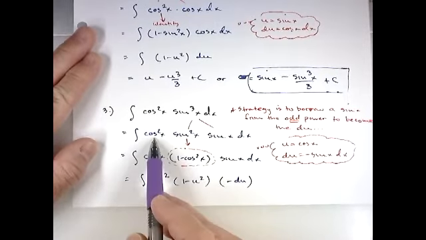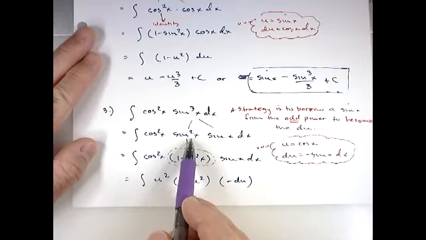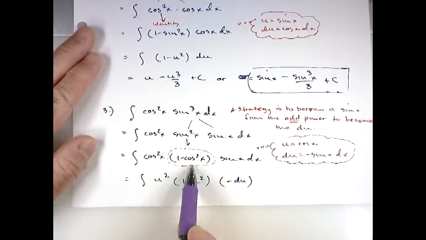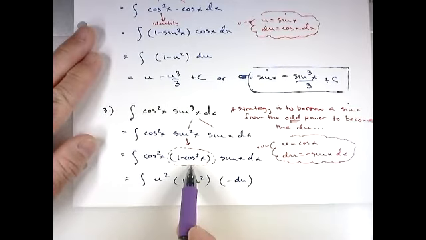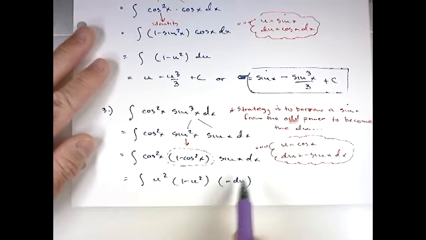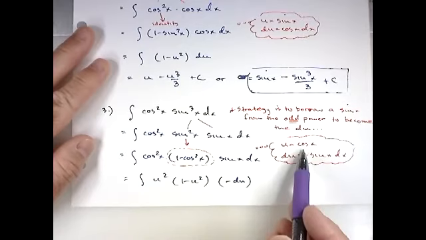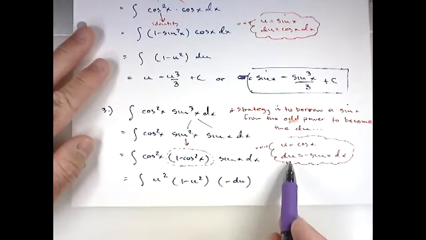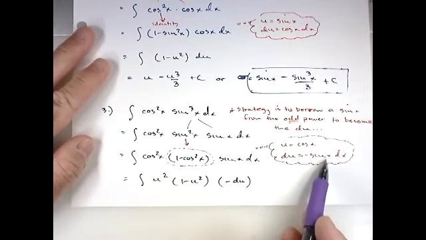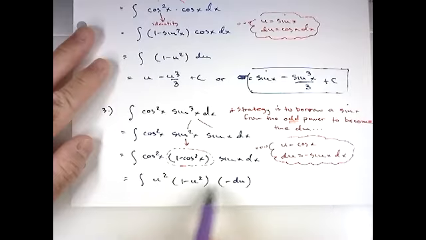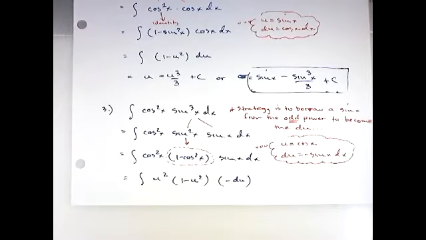So I already have a cosine here, but what I'm going to do with the sine squared, because now I have an even power, is change that into 1 minus cosine squared. And I can now let u equal cosine of x. Du would actually be negative sine of x dx, so I put the negative there, and we'll compensate with a negative outside. But you're pretty much done from there, right?